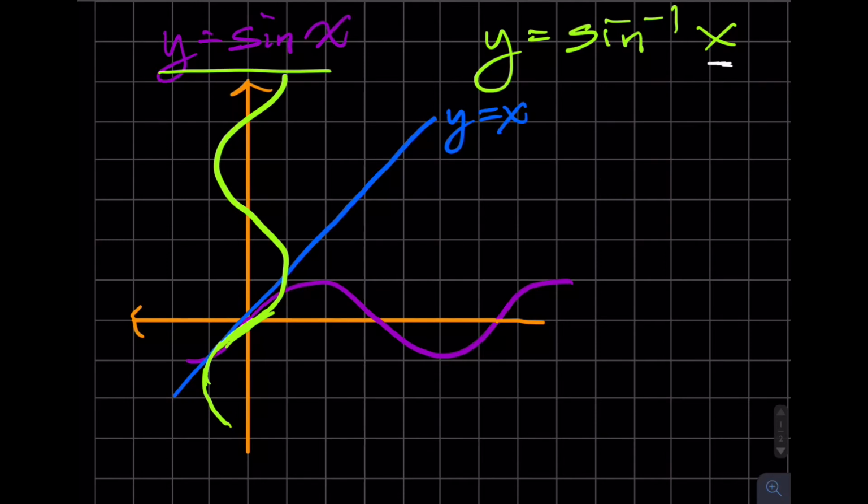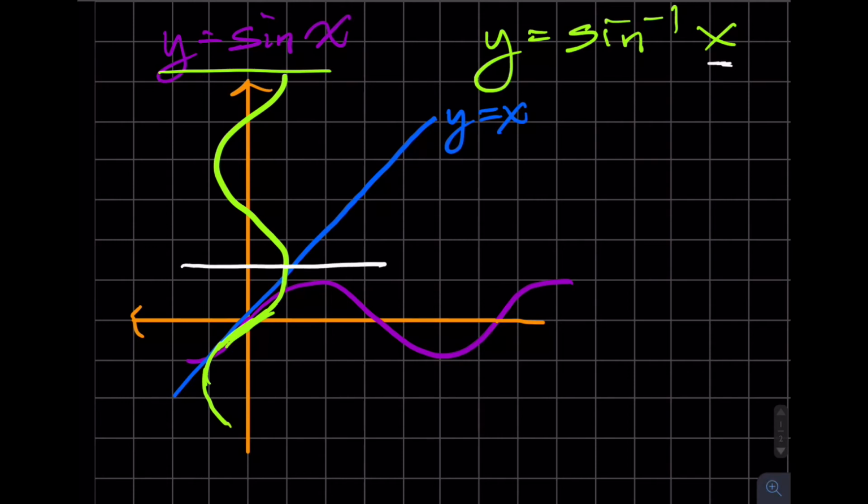So the old men in sandals said we have to restrict this. For instance, they could have said let's restrict it from here to here, but it still doesn't pass, right? If they said, okay, we could restrict it from here to here, then it would pass the vertical line test. But we don't like that one because it doesn't make sense. It could be completely arbitrary, but they chose to center it around the origin.